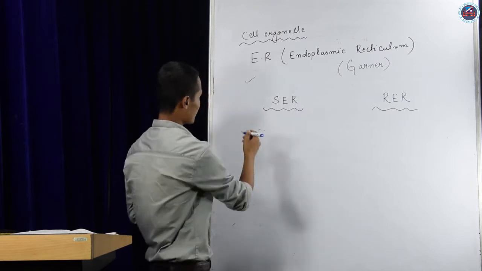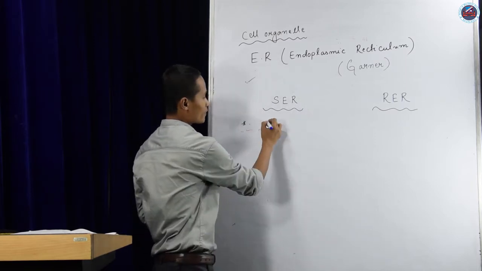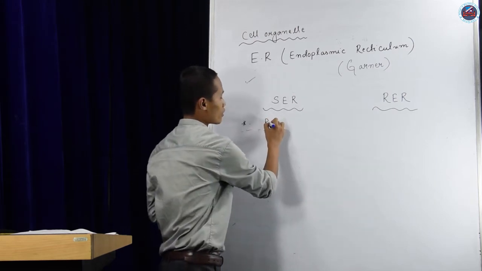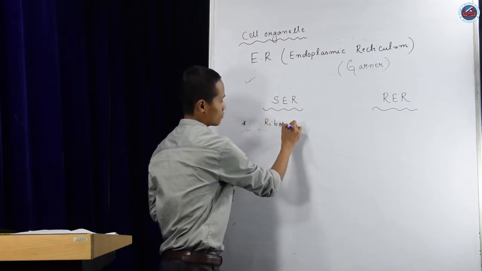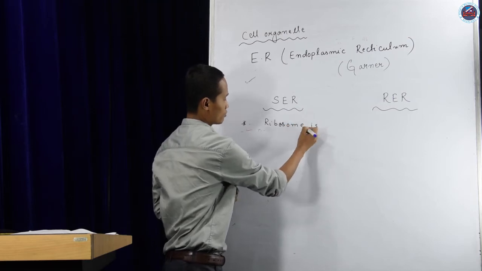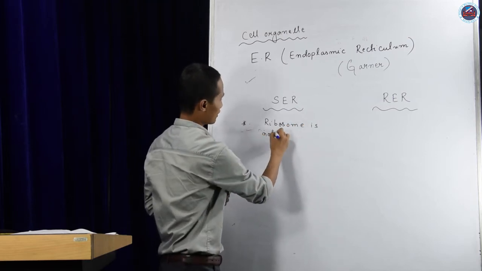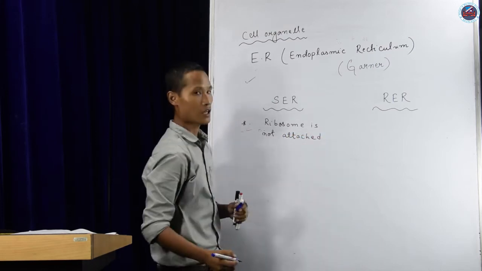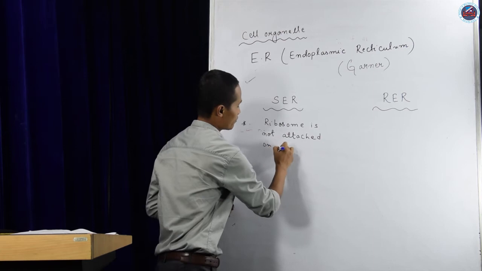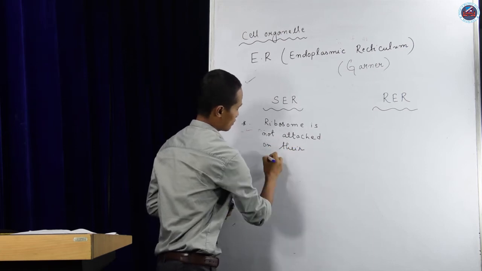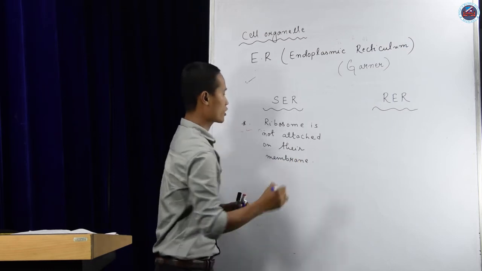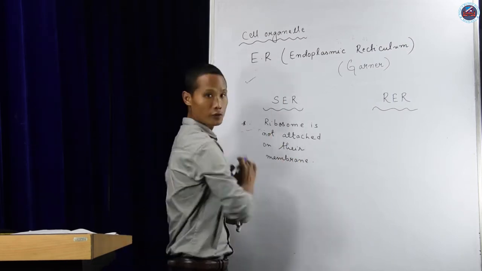It means that in their membrane, ribosomes are not attached. That's why it is smooth.